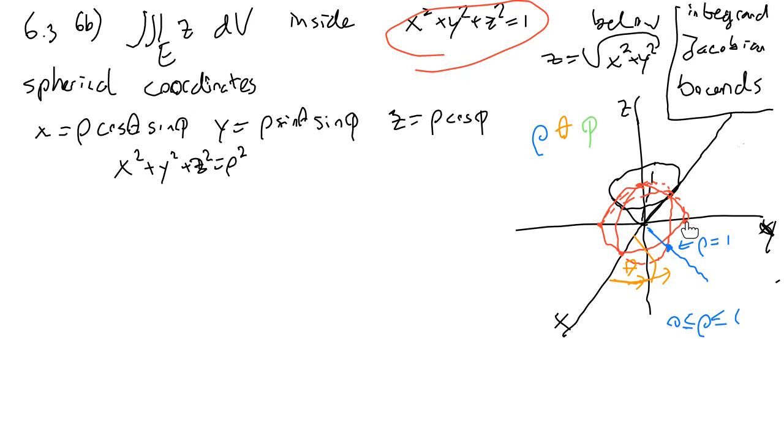That certainly includes the red circle on the xy plane, and it goes all the way around. So theta certainly is from 0 to 2 pi, because we take a whole circle, in every direction.